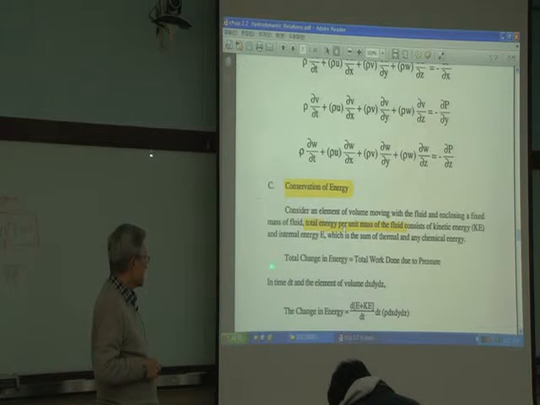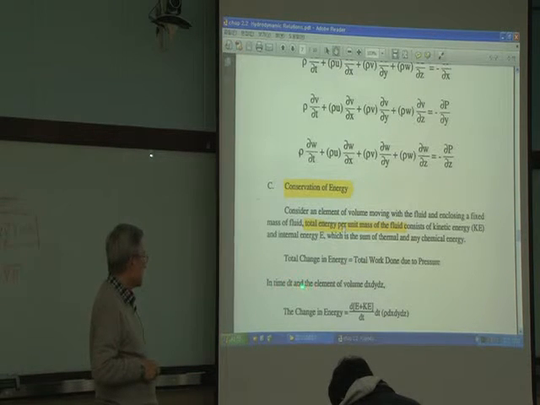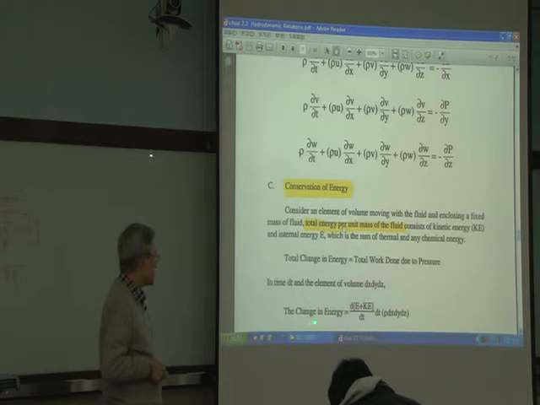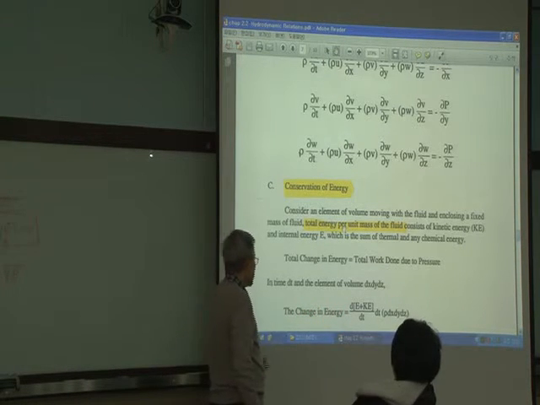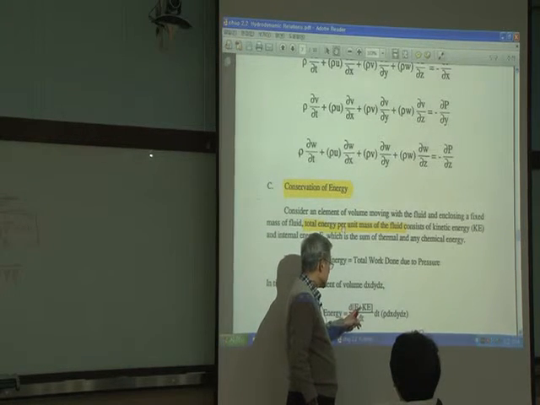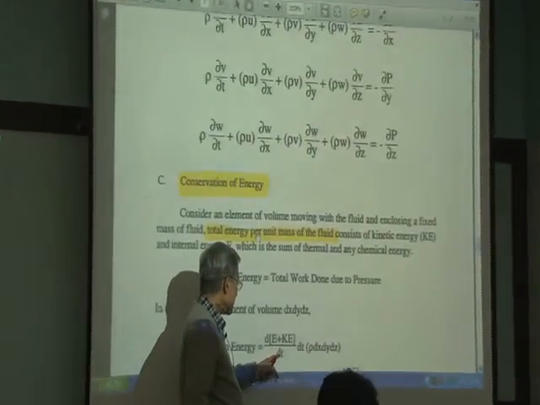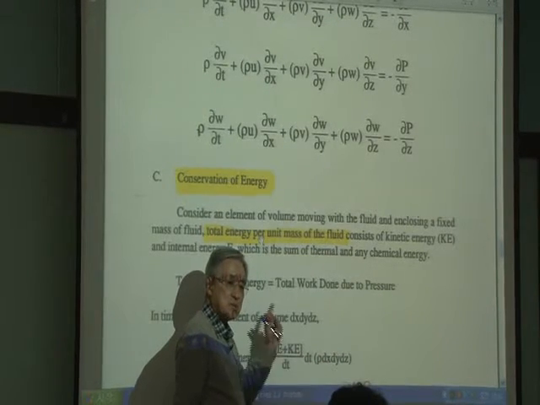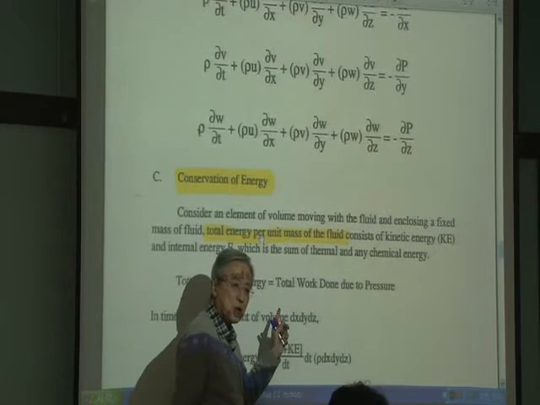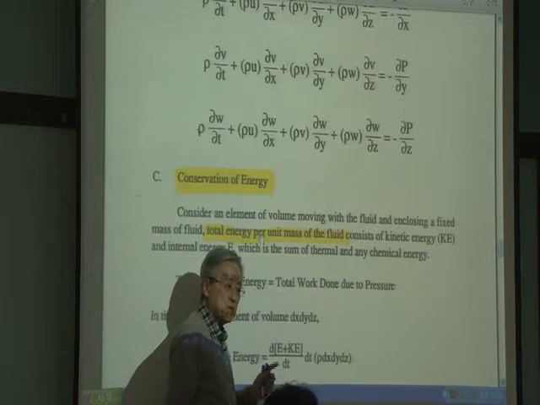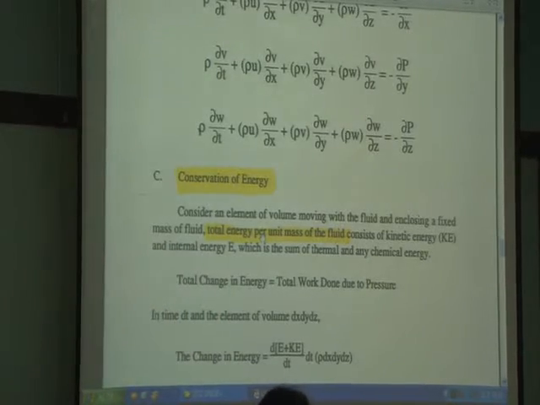Then once you get this, in time dt and the element of volume dx dy dz, the change in energy in the time duration dt, d(E plus K)/dt, this is a differential mass, because energy was spelled out per unit mass, so you have to multiply rho times dv to get the total energy in that volume.